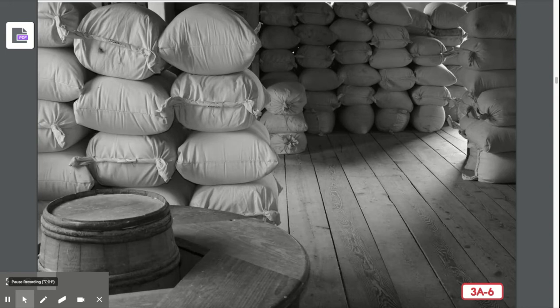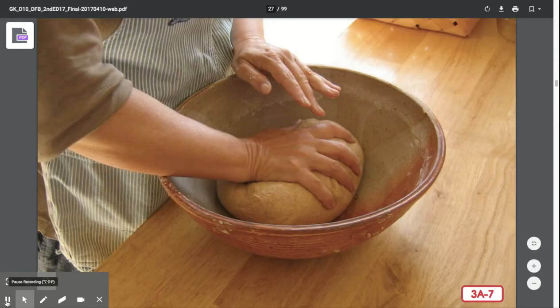A miller with a water mill could grind and bag more flour in one day than a farmer with a grindstone could grind in weeks. Once the flour was ground, the miller sold some of it to the baker. The baker made bread, muffins, and cakes out of the flour he got from the miller.